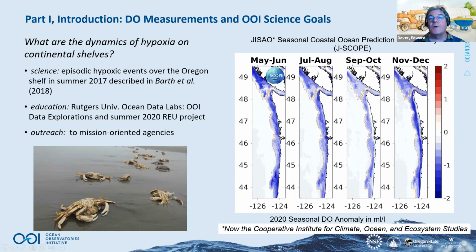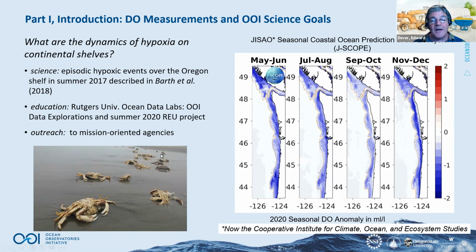So one of the nicest ways to really visualize and understand the dynamics of hypoxia over continental shelves is presented by this J-scope model. This is a screenshot from a J-scope model taken on the NANOOS website. It shows the development of hypoxia. This is a prediction for the summer of 2020 over the Oregon and Washington shelves.